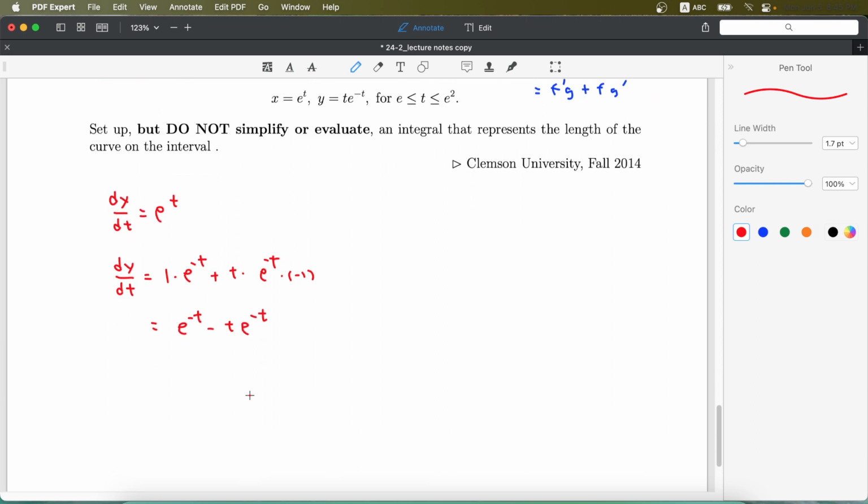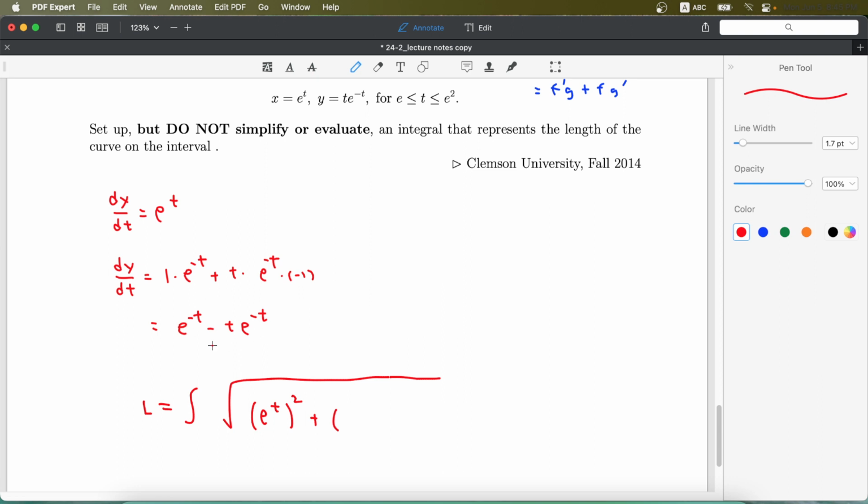The problem only asks us to set up. So your arc length formula should be the integral of the square root of dx over dt squared. This one, I don't care what it is, I just need to square it. And then plus dy over dt squared.